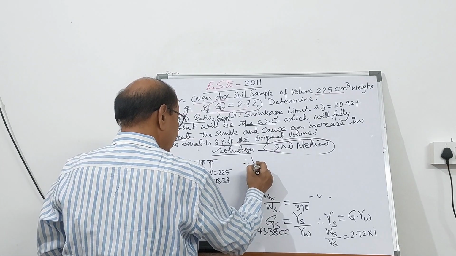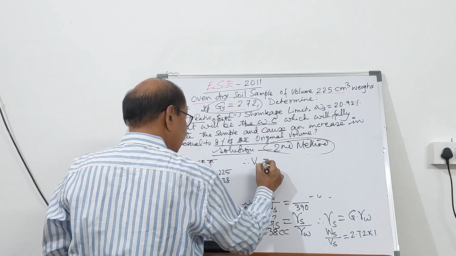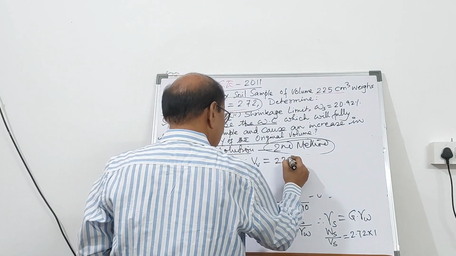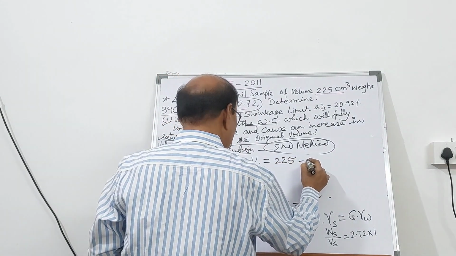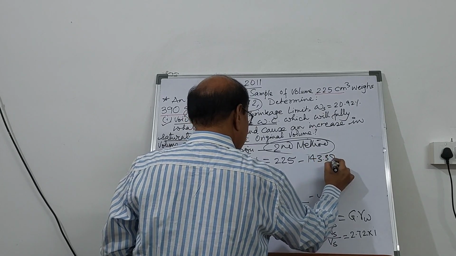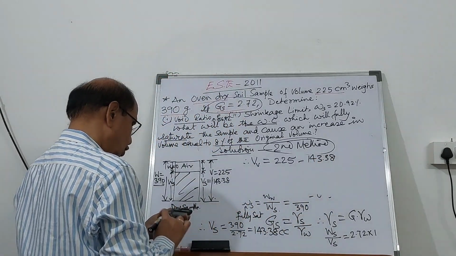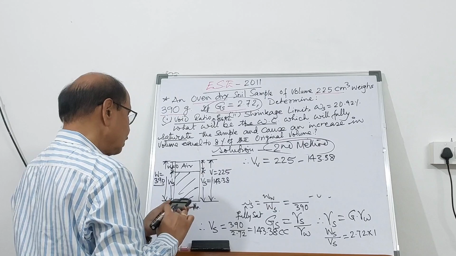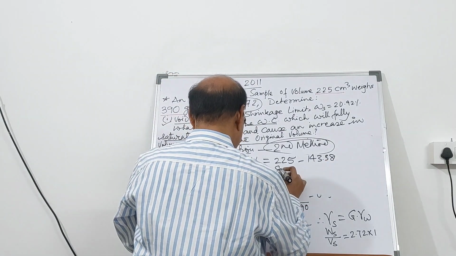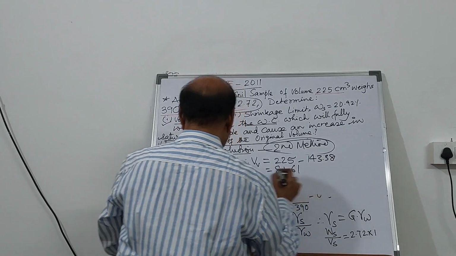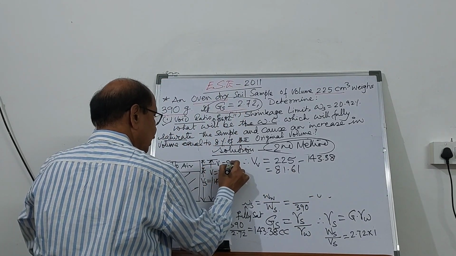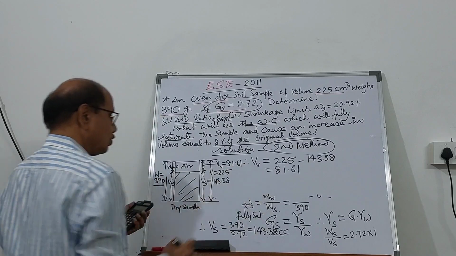Therefore, volume of void will be equal to total volume 225 minus volume of soil solids, that is 143.38. Let us calculate this. This gives you 81.61, so the volume of void is equal to 81.61 cc.